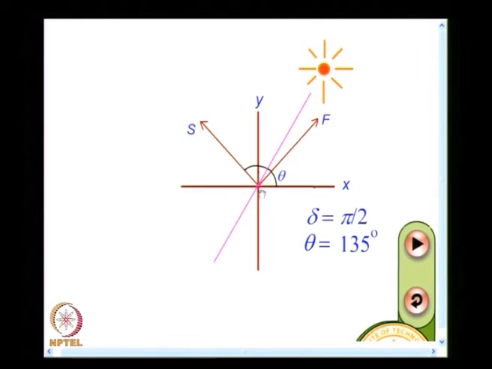So, what I have here is the reference axes x and y. I have a quarter wave plate with slow axis, and when I show theta, I show the reference from the horizontal to the slow axis. Theta is the angle of the slow axis, and the fast axis is represented here. So, when I have a quarter wave plate oriented at 135 degrees, I write delta equal to pi by 2, theta equal to 135 degrees.